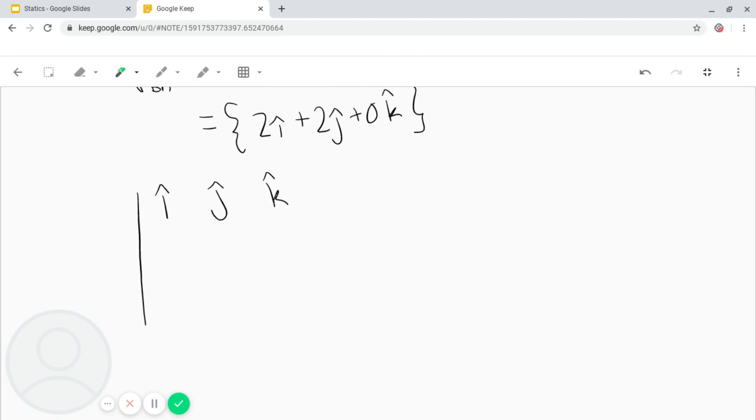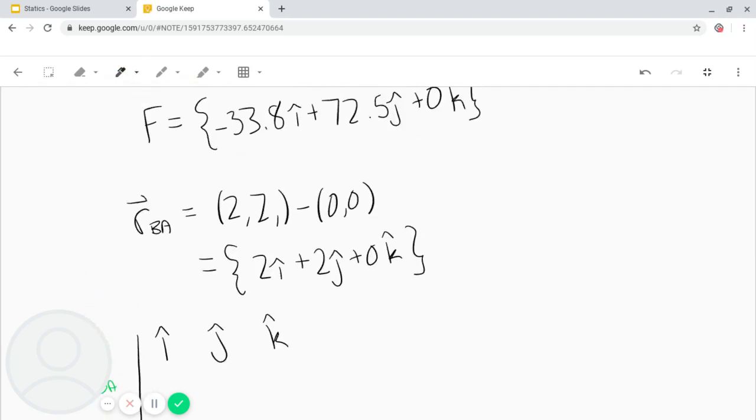So that's our R_BA. And then our force. And I should denote these as vectors.